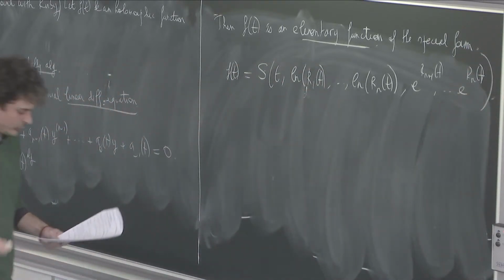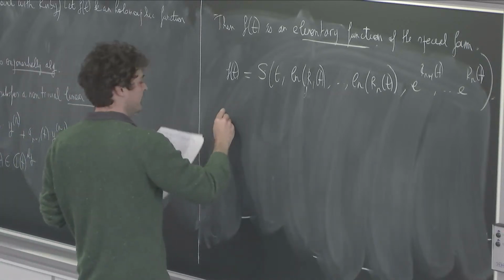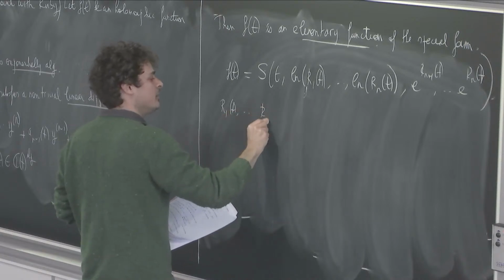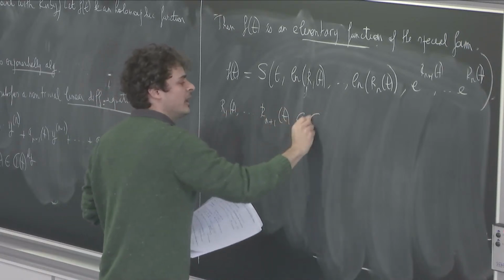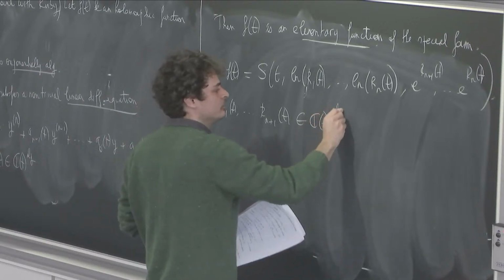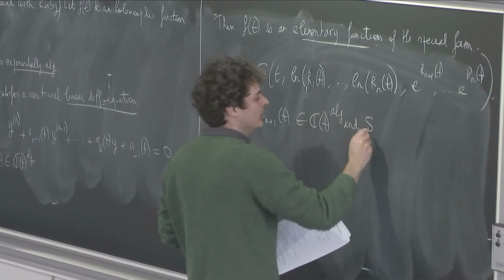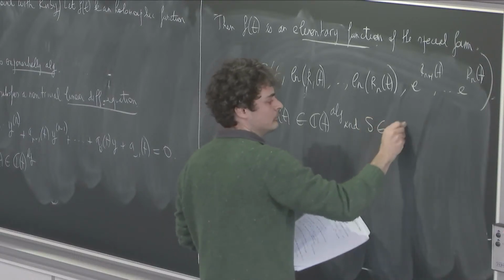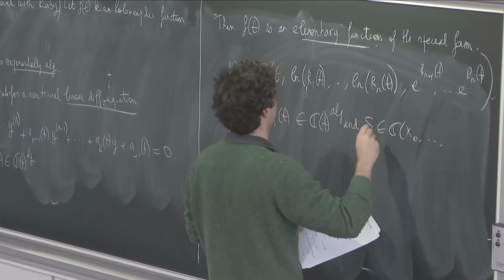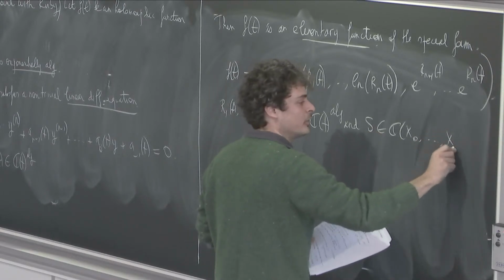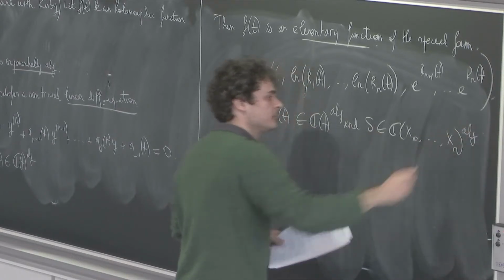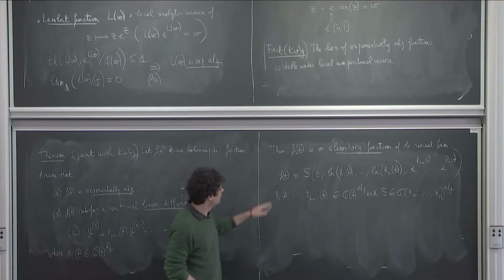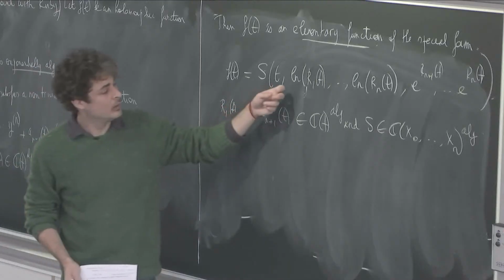Okay. So where the R_i(t) are algebraic functions, and S is an algebraic function of m variables. Excuse me, what did you write just after logarithm of R_n of t?